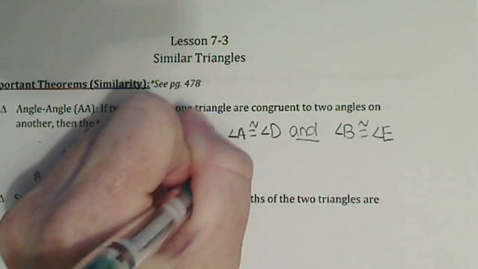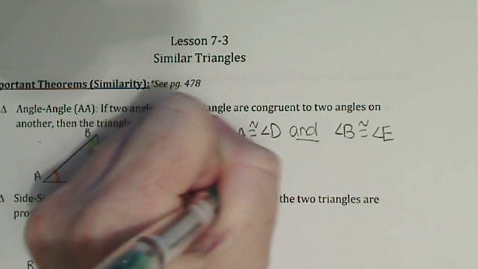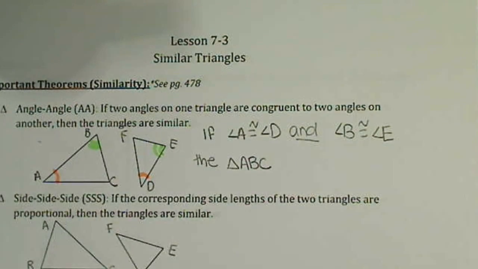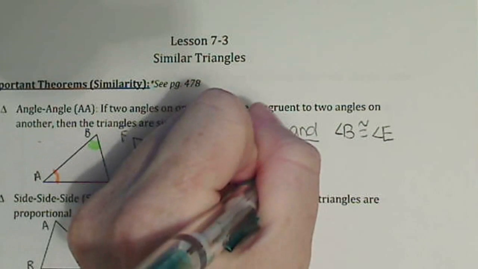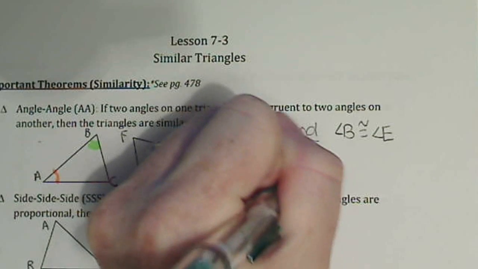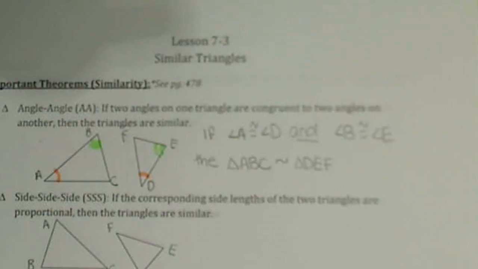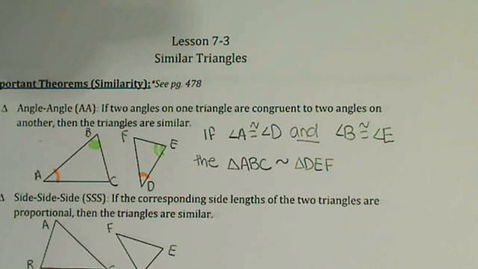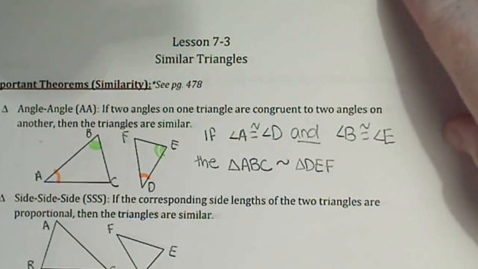So then, triangle ABC is similar to, so that funny little squiggly, triangle DEF. That's angle-angle similarity.